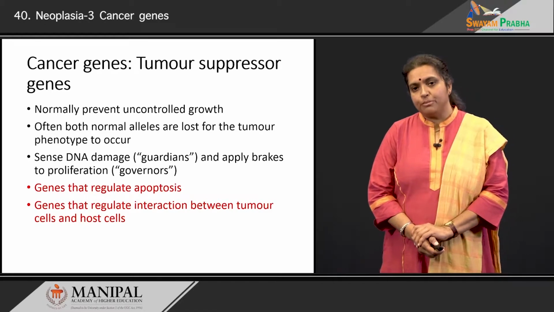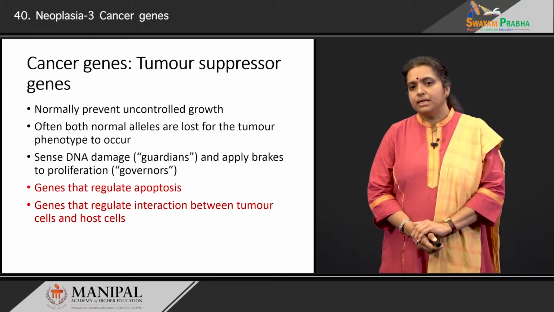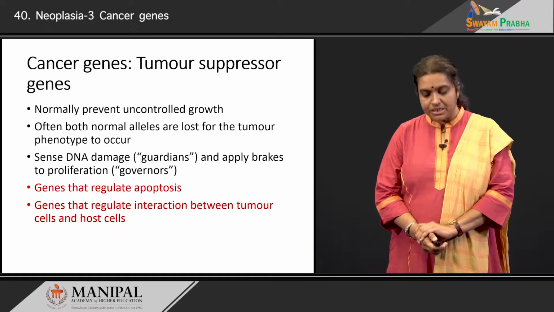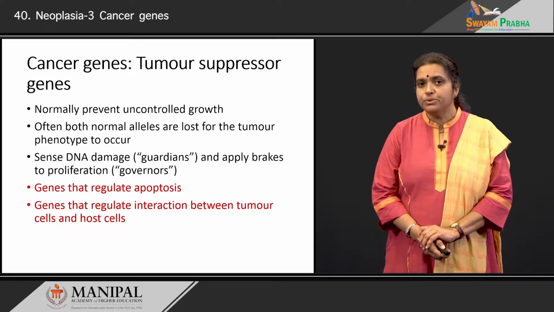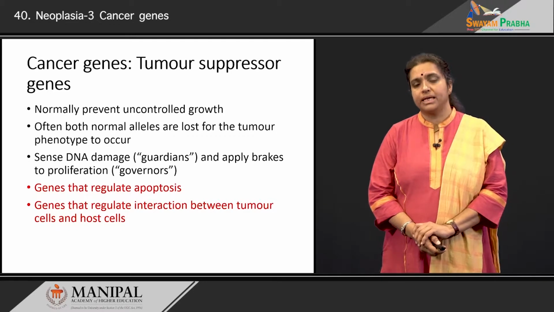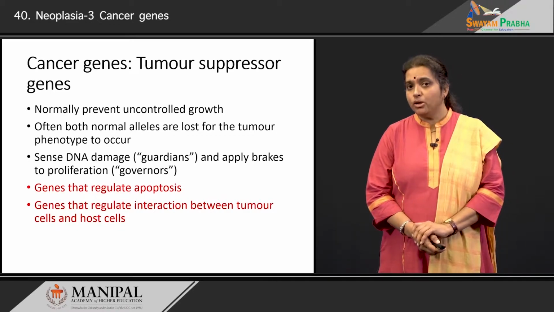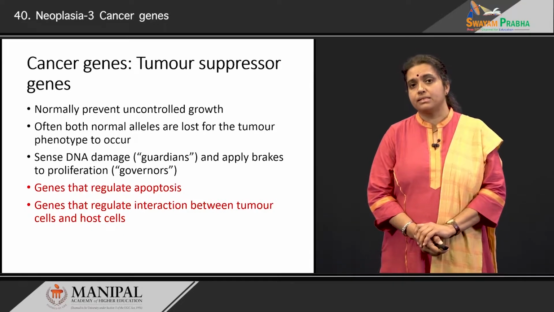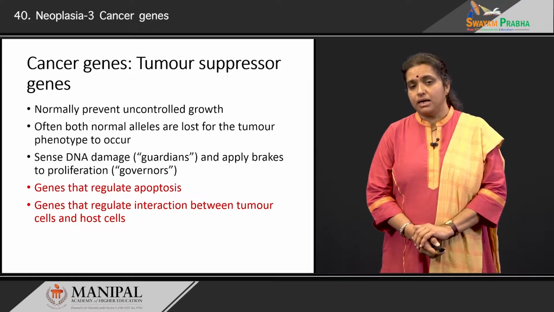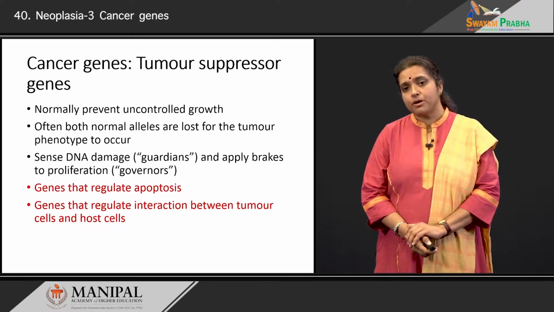Now, the other two classes of genes I already mentioned are, first, genes that regulate apoptosis. Apoptosis, as you know, is a normal cellular mechanism wherein cells normally die for whatever reason. One of the reasons is when there is DNA damage, they undergo cell death. This is a natural process.